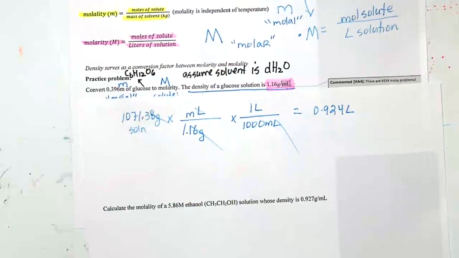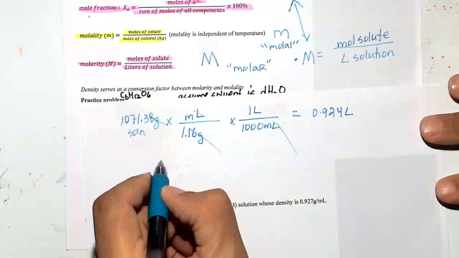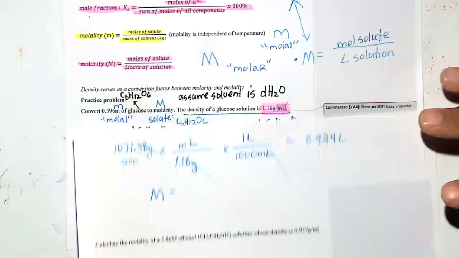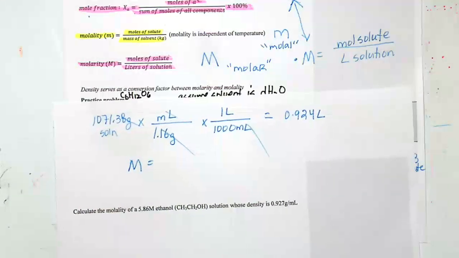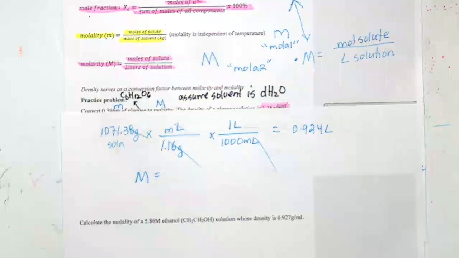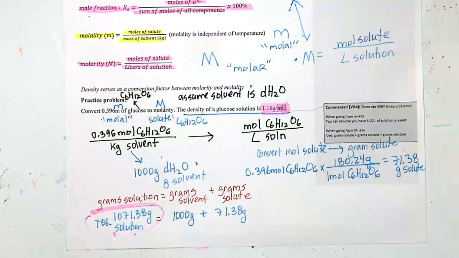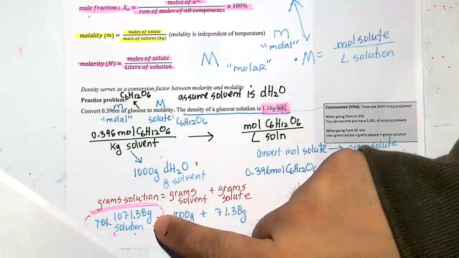All right, so what is molarity now? Okay, molarity is moles of solute over liters of solution. Okay, our moles of solute is still going to be the 0.396 moles of glucose. One thing, why is it 71.38 grams or 1,071? I love the way you wrote it. 1,071.38.